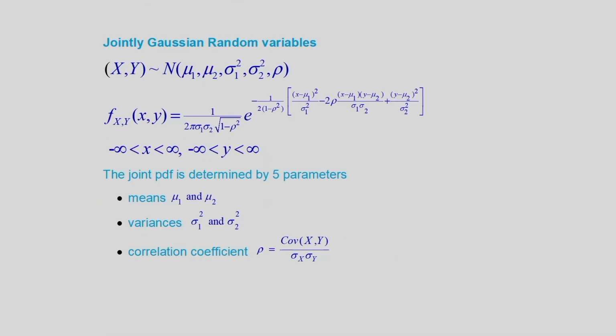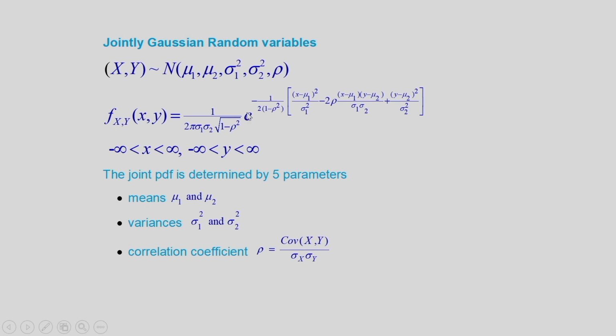We will define jointly Gaussian random variables. X and Y are jointly Gaussian random variables distributed as normal with parameters mu 1, mu 2, sigma 1 square, sigma 2 square, rho. And the joint PDF is given by this expression.